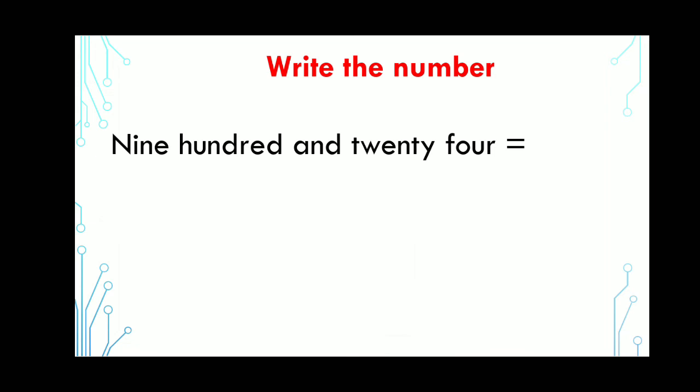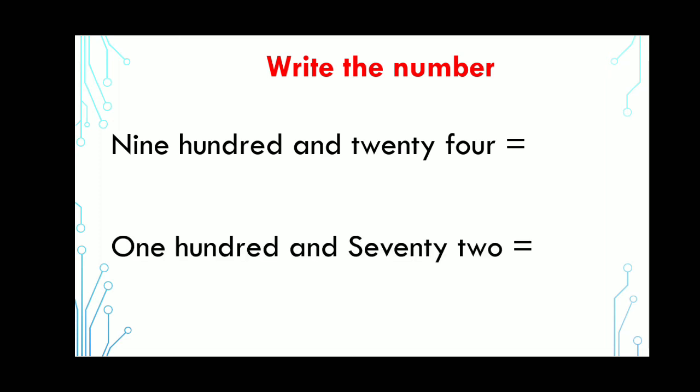Now write the number. Here students, you can see number names are given and you have to write the number only. For example, 924. So how will you write this? Yes, it will be 924.